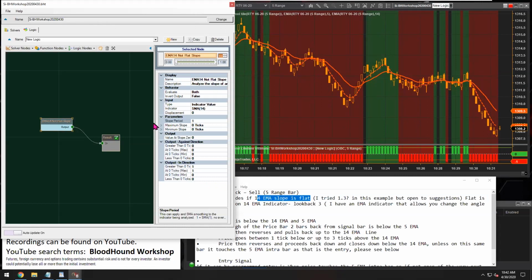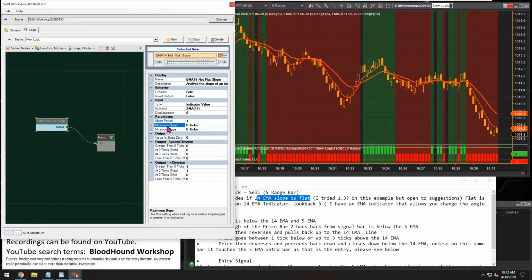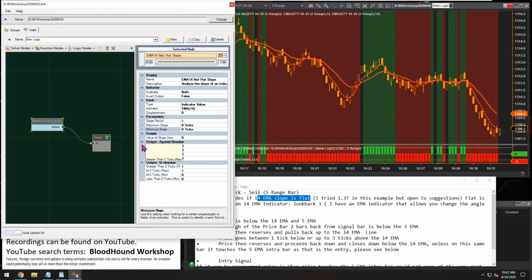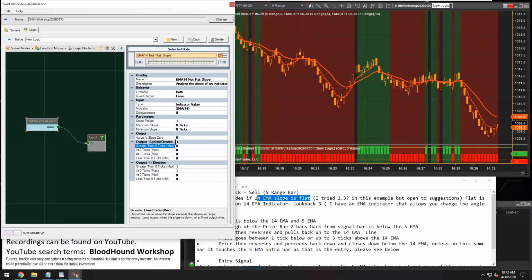So really, it just comes down to playing around with the maximum and minimum slope directions here. All right. So let's see here. If we stretch this out, we can see that there are two output sections here.